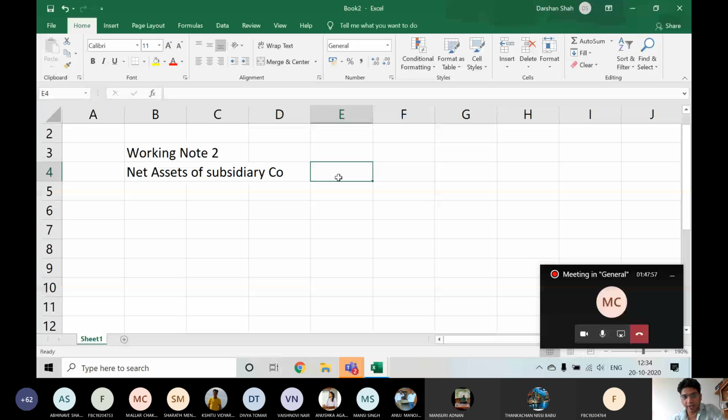यहां तक क्लियर हो गया क्या सबको? सर, इफ यू हैव रिवैल्यूएशन सरप्लस, देन वो जो फेयर वैल्यू एडजस्टमेंट है वो हम अलग से क्यों शो कर रहे हैं? We can just show it along with the revaluation surplus. Correct. If you have revaluation surplus, you can show it over here. But sometimes what happens?